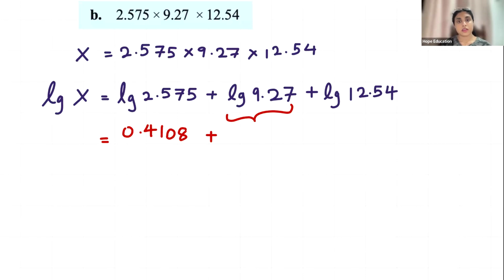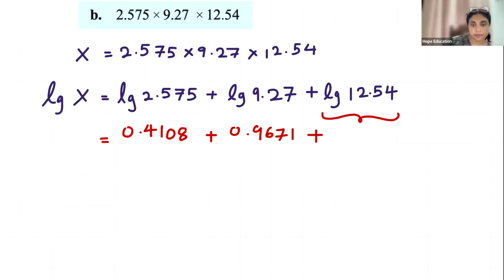Yes, 0.4108. 9671 plus this. Okay, Chenuli. Others?